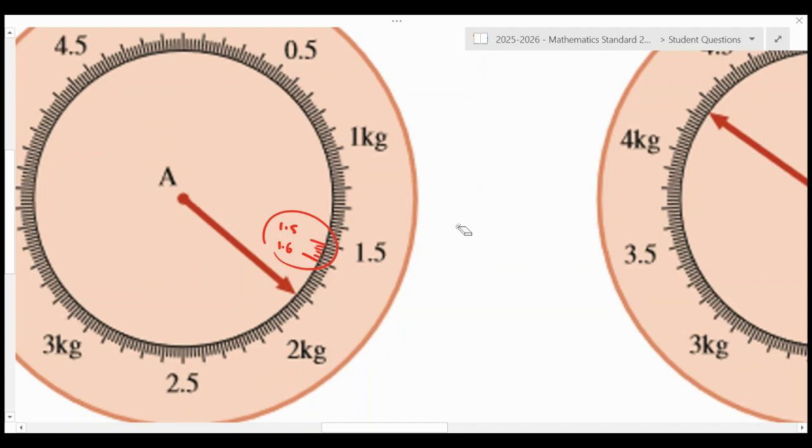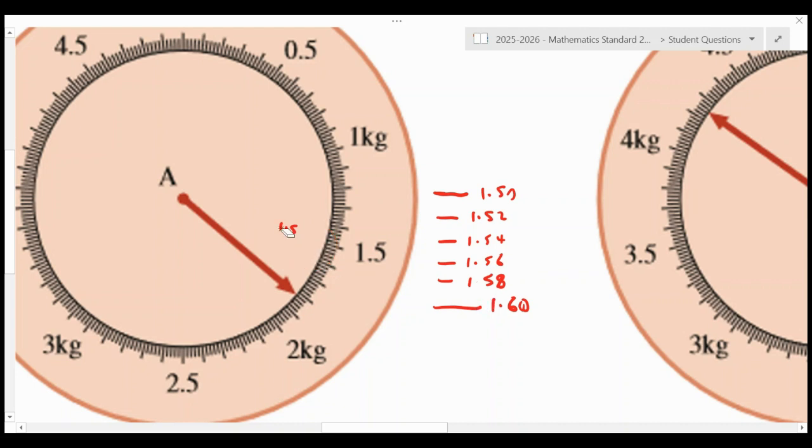So that is 1.52, 1.54, 1.56, 1.58, and then the 1.60. And if I add the zeros at the end, it'll probably make life easier. So each one of these tiny little lines is going up by 0.02. And that'll become important when we get to question B.